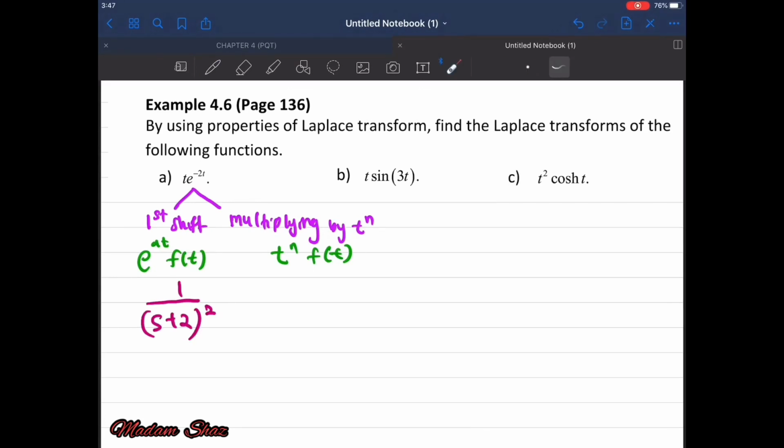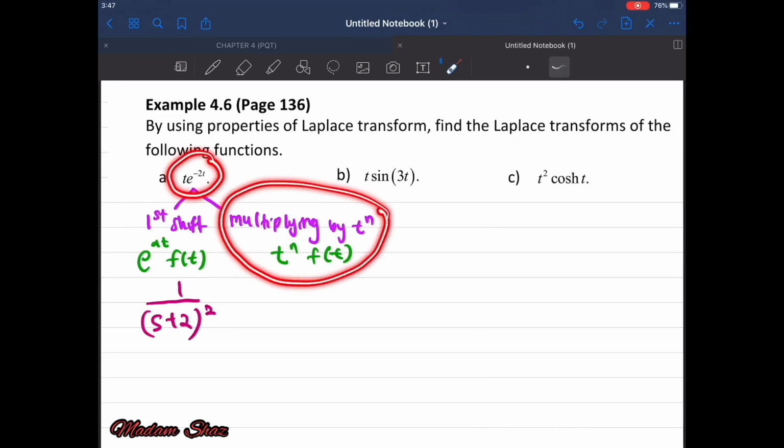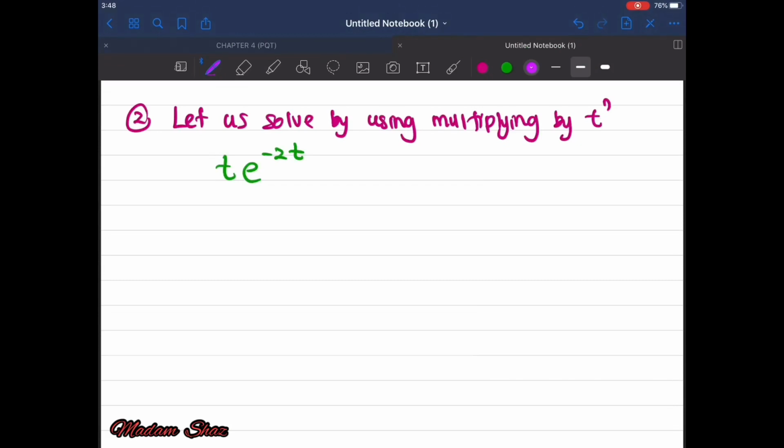Now let us try to solve the same question by using multiplying by t^n. This is the step for multiplying by t^n. For the first step, you have to determine n and f(t). The second step, we have to find F(s), which is the Laplace transform for f(t).